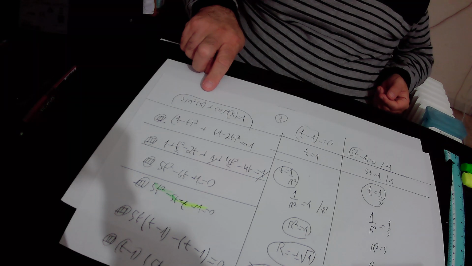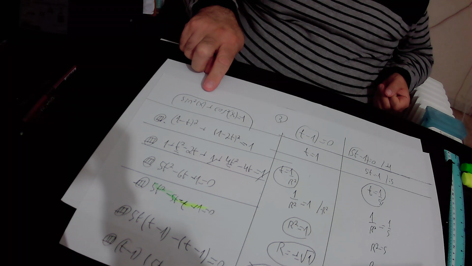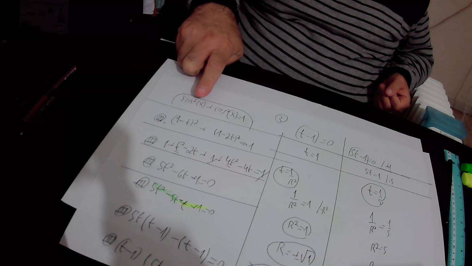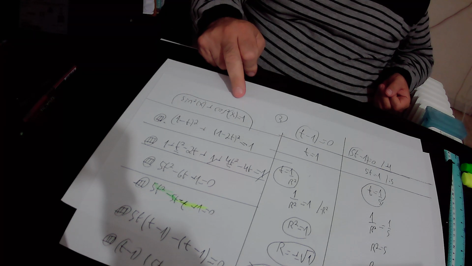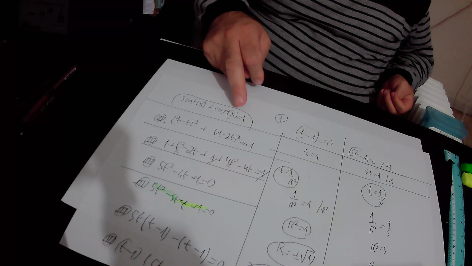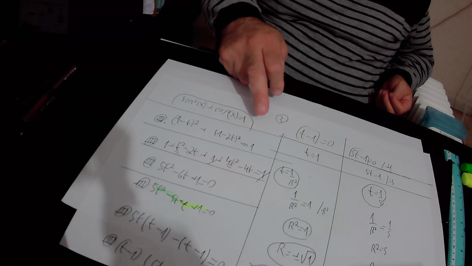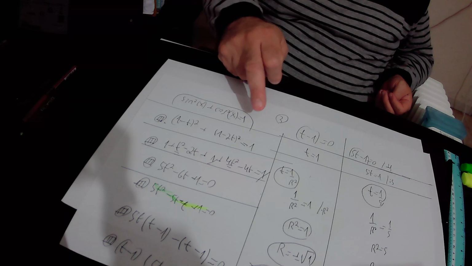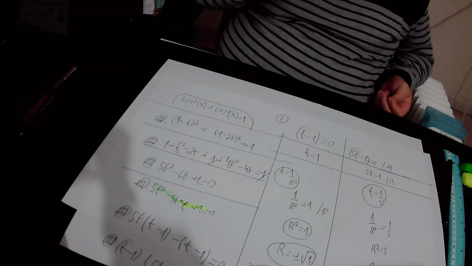We already found out that sine x equals 1 minus t, therefore sine squared x will be equal to (1 minus t) squared, plus cosine squared x. We already found out that cosine x equals 1 minus 2t, therefore cosine squared x will be equal to (1 minus 2t) squared, and all of it must be equal to 1 according to this trigonometric identity.